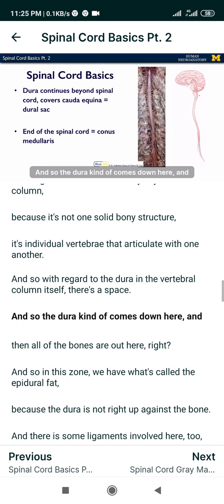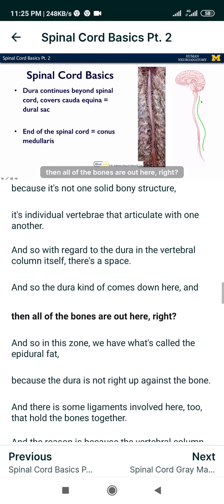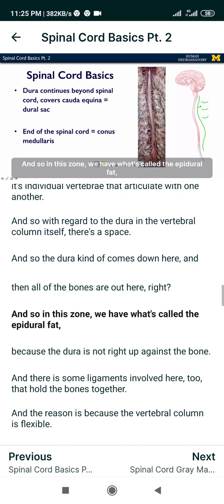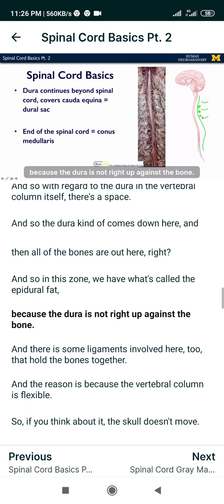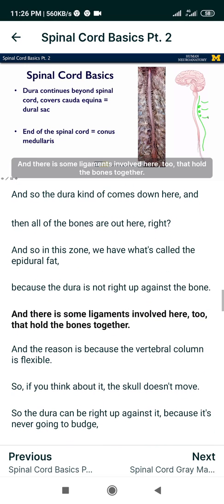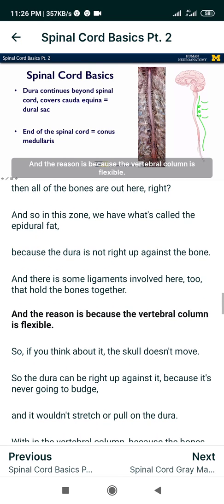The dura kind of comes down here, and then all of the bones are out here, right? And in this zone, we have what's called the epidural fat, because the dura is not right up against the bone. There's also some ligaments involved here that hold the bones together. The reason is that the vertebral column is flexible.